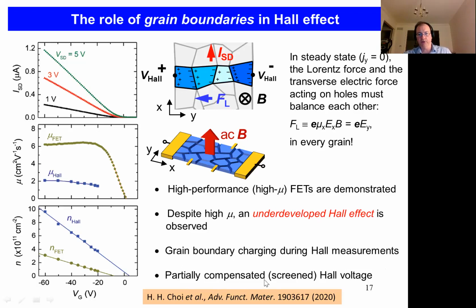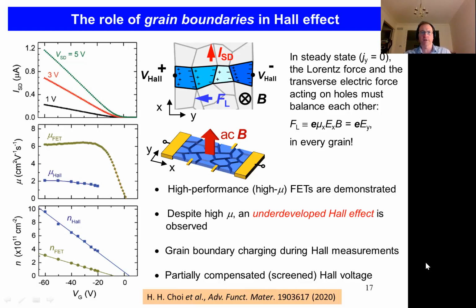That leads to a partial compensation of the Hall voltage, because as you go across from left to right, or right to left, every time you pass a grain boundary, there will be a little potential drop associated with such a charged grain boundary. And altogether, these drops would cause a screened or reduced Hall voltage.